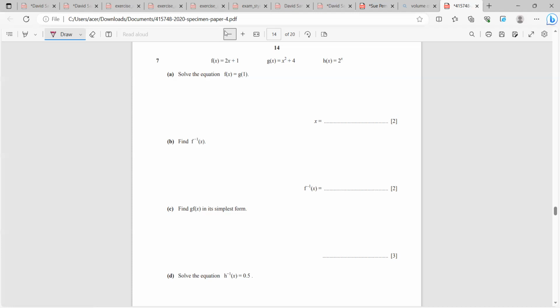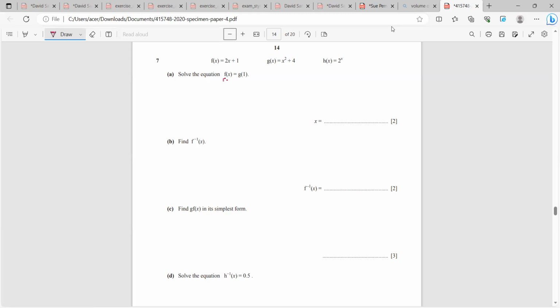Melissa, we have functions for you. So this is maybe case 2 type of functions. We have an equal sign. Whenever you have an equal sign, you must try to find the expressions for each side.